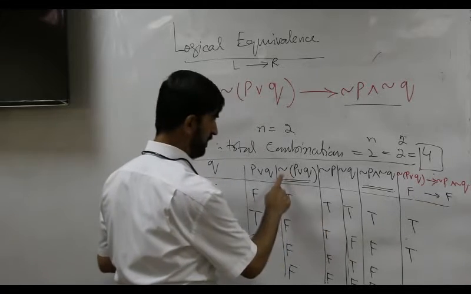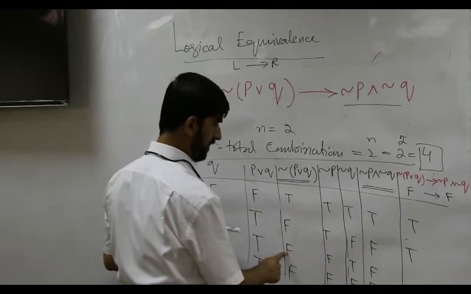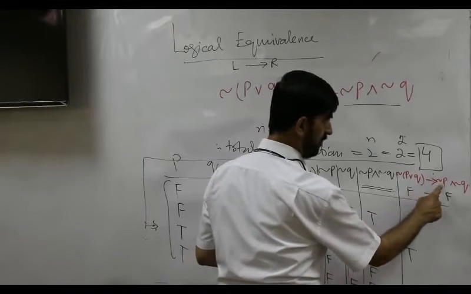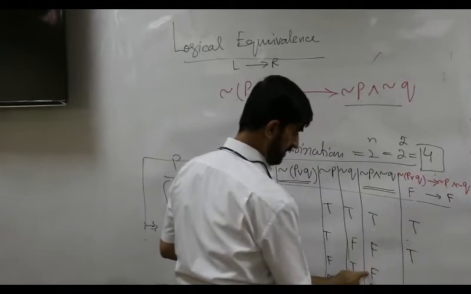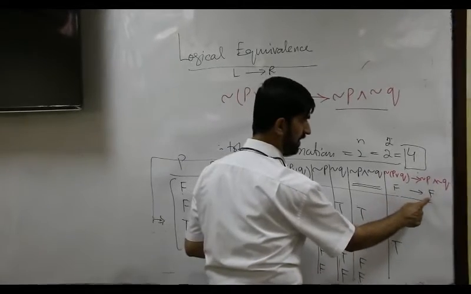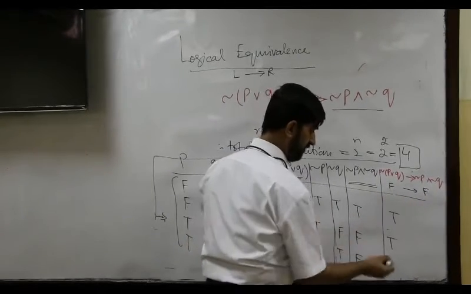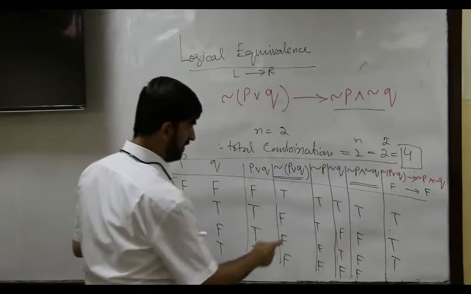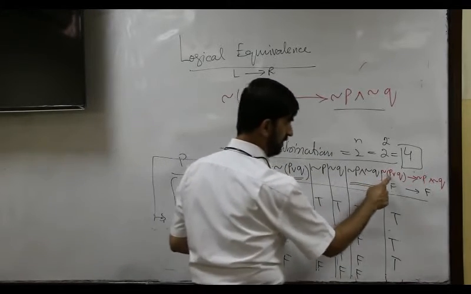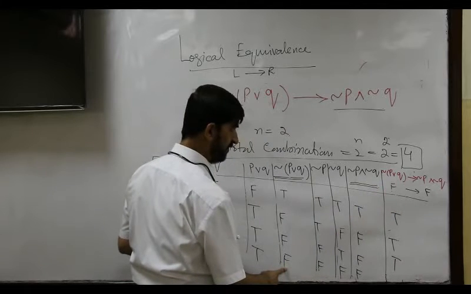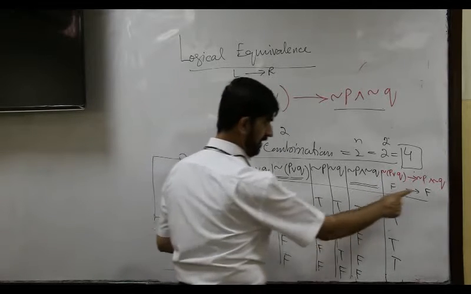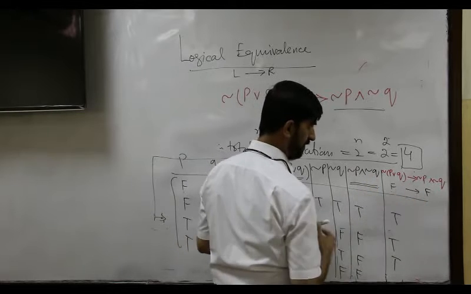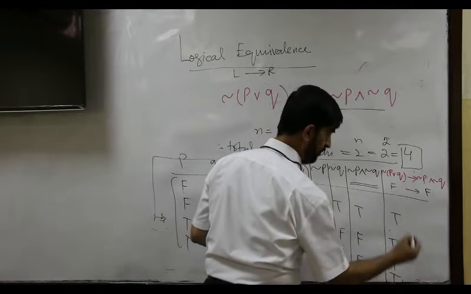Next value of not (P or Q) is false, and the value of not P and not Q is also false. So it will become false implies false, true. The last value of not (P or Q) is false, and the value of not P and not Q is also false. Again it will become false implies false, it will become true.